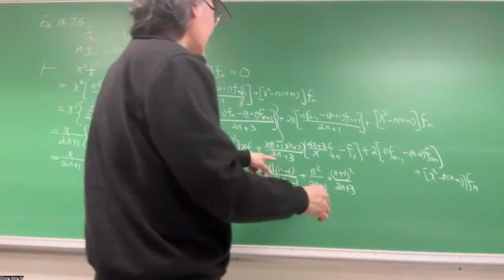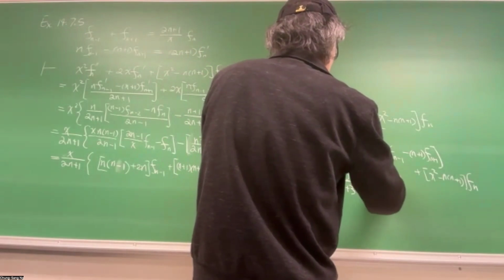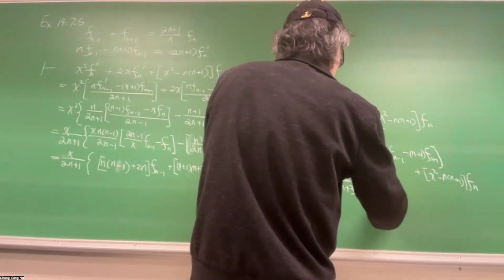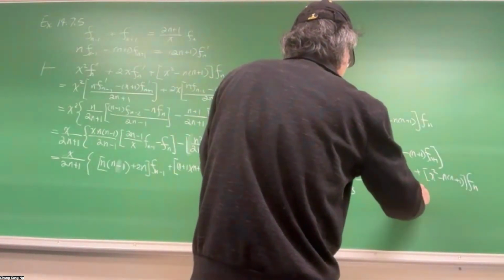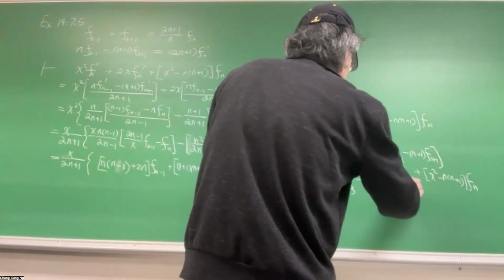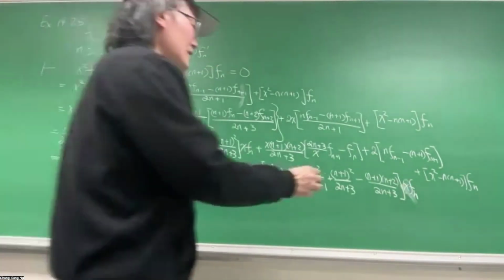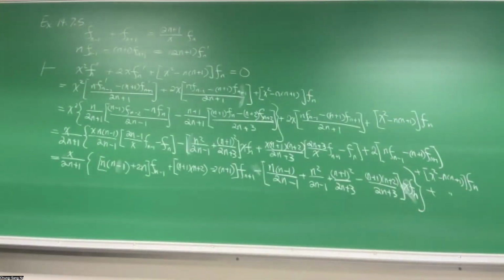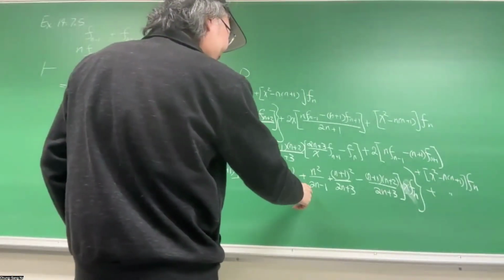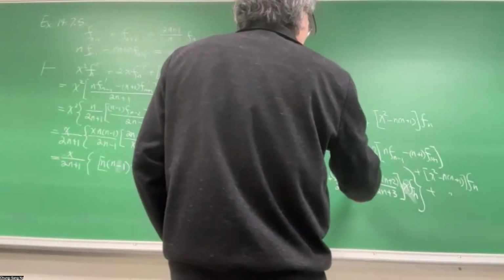Right. And then finally it's this one minus (n plus 1), 2n plus 3, xfn. Right. And then plus, again, plus the same thing. Getting larger and larger. Oh, this is also a plus.